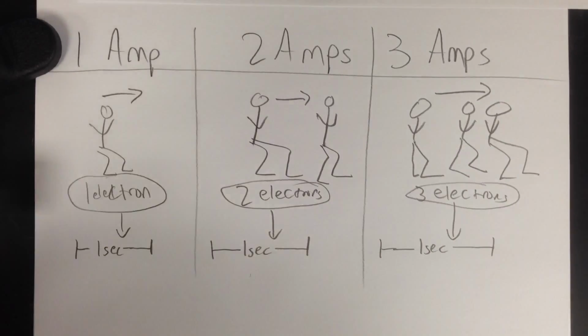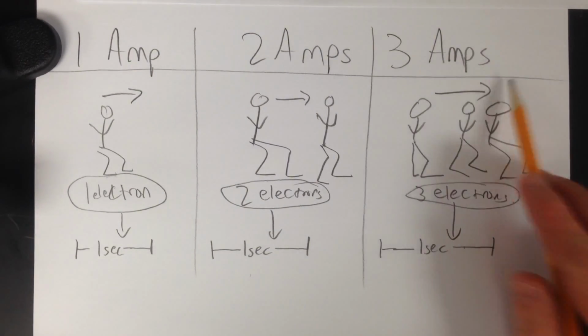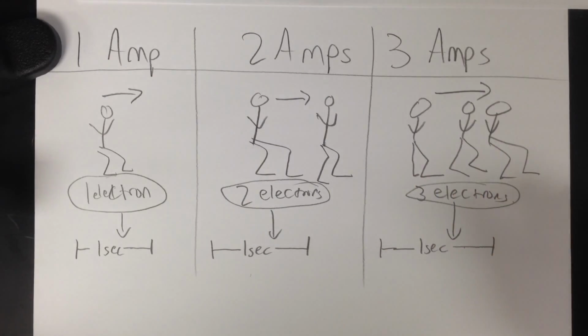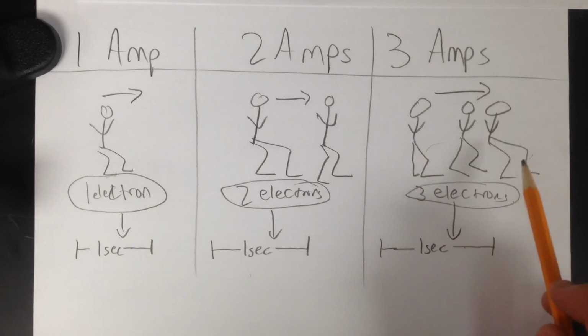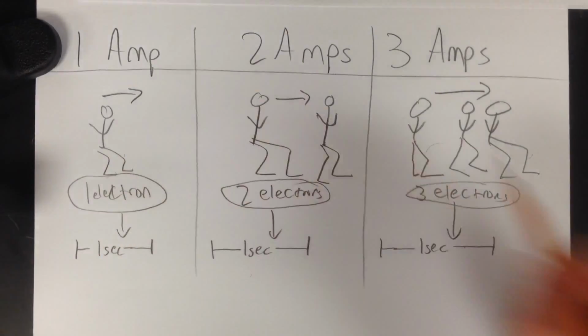What does it mean for brightness? If 3 electrons pass in a second, if you have a 3 amp current, it means that they all drop their own energy at the light bulb. So a 3 amp current means 3 guys dropped energy at the light bulb, whereas 1 amp means 1 guy dropped energy at the light bulb.